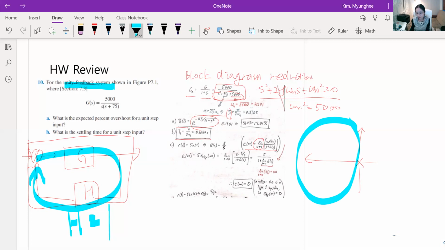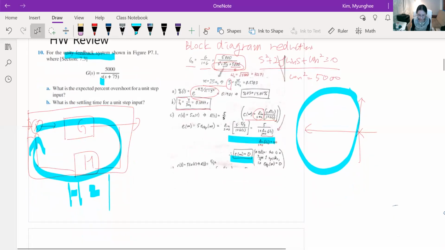Actually, if a pole is located in the right half plane, the steady state error will be infinity. Anyway, because this has a free integrator, a type 1 system, the steady state error should be 0.